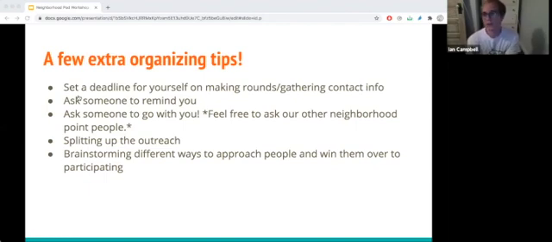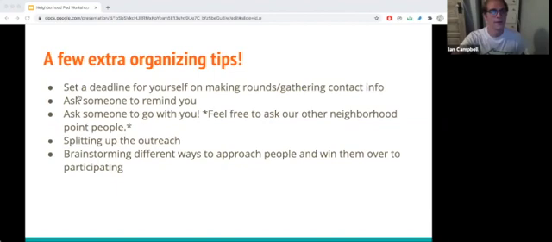A lot of neighborhoods have somebody like that. So that could be someone to look out for, as in, hey, maybe this person can really go and do this thing with me. You can brainstorm the social groups that exist in your neighborhood. What kind of characteristics could socially unite neighbors, or what kind of characteristics could socially divide neighbors, so that you can come up with different ways to approach people and win them over to participating.